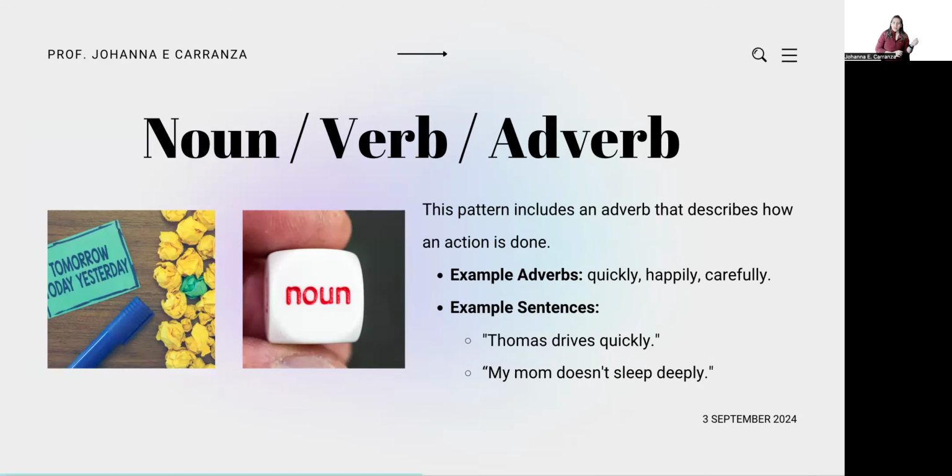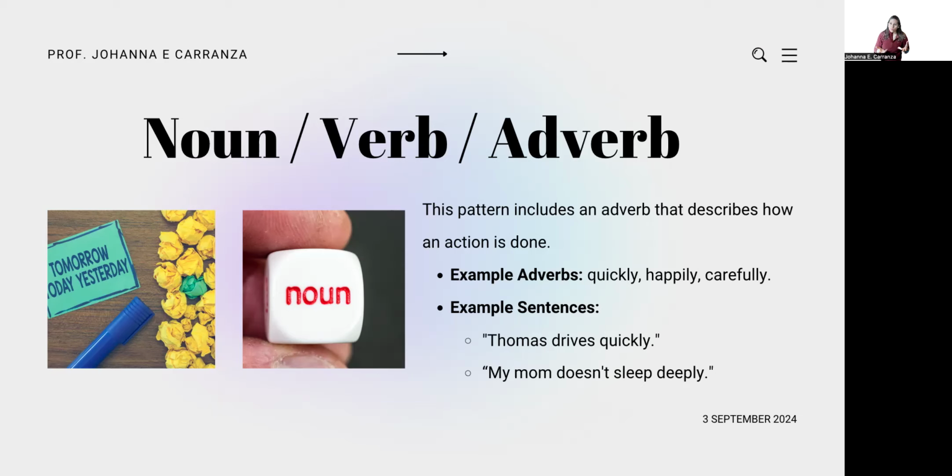Next. This one is sentences that have a noun, a verb, and an adverb. You already know what an adverb is, and if not, check the video about the parts of speech. In this pattern, what the adverb does is describe how the action is done. As we know, adverbs are like quickly, happily, carefully, slowly.